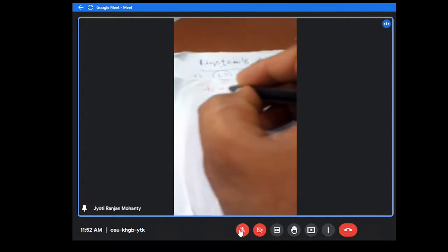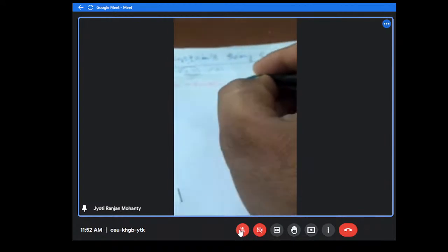We have to discuss here the different forms of de Broglie wavelength. Derivation is not required as per your syllabus. You have to find the de Broglie wavelength.